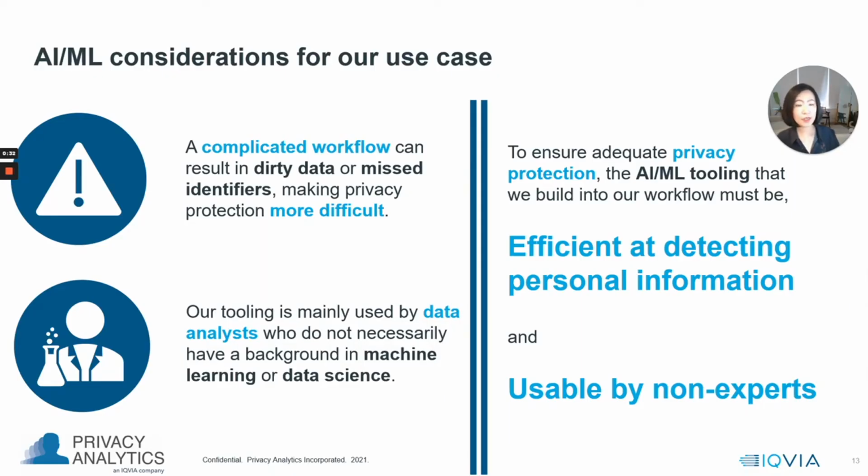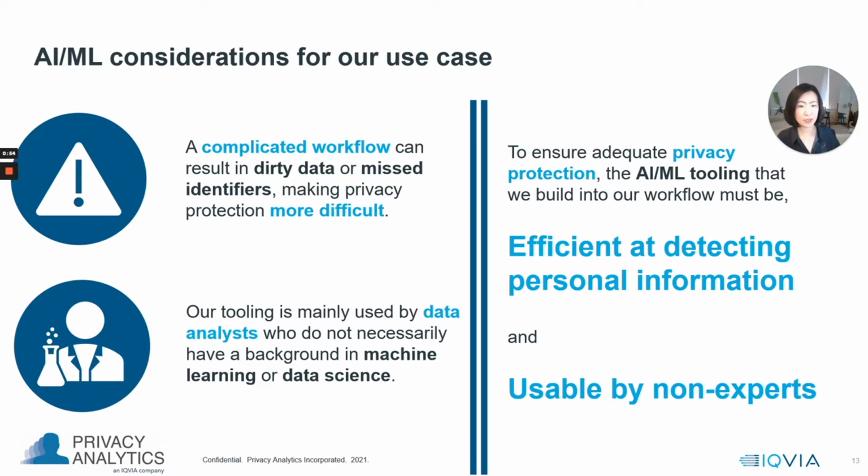So before diving into the technical details, I'd like to touch a bit on some of the major considerations that we had to keep in mind before building the tools, starting with efficiency. One of the lessons we've learned early on is that if our workflow becomes overly complicated, it could lead to dirty data.